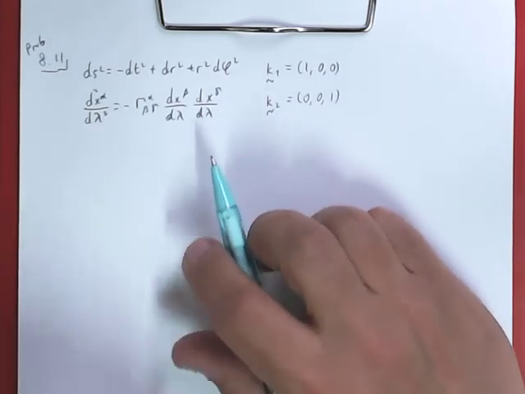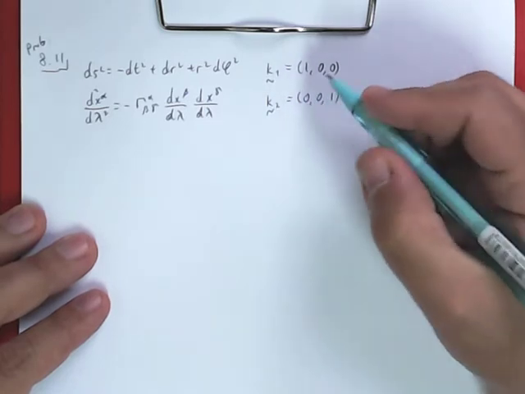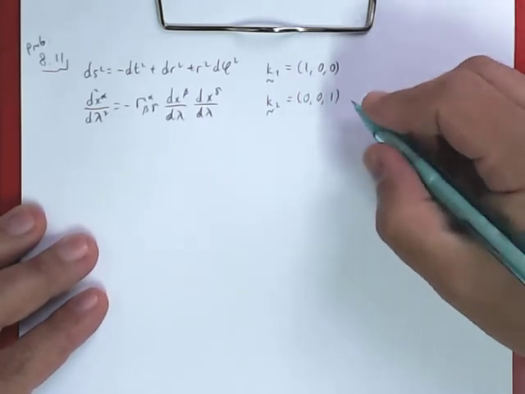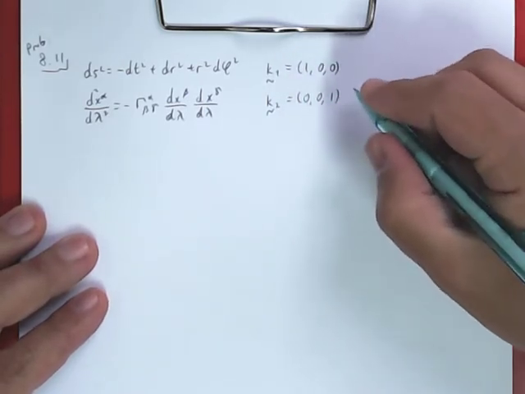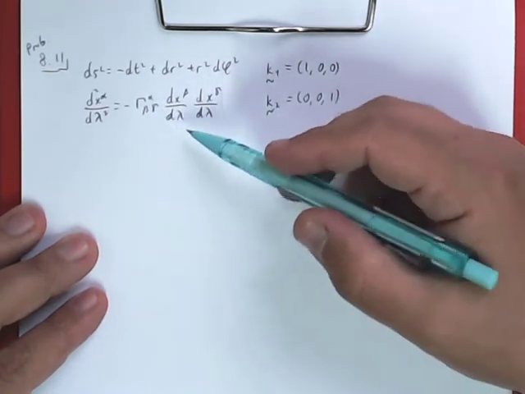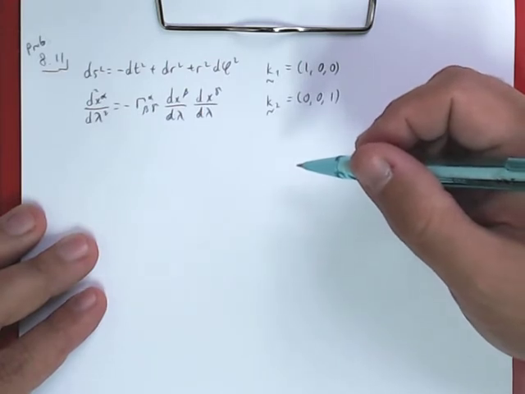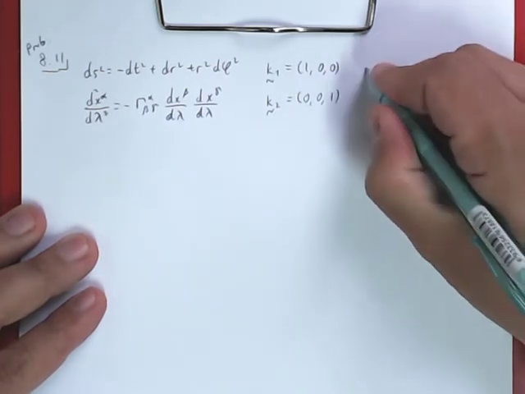And remember how we obtain the constants of motion. We take the dot product of these Killing vectors with the tangent vector to the world line, I should say, because we're talking about light rays, so it's not really the four-velocity.